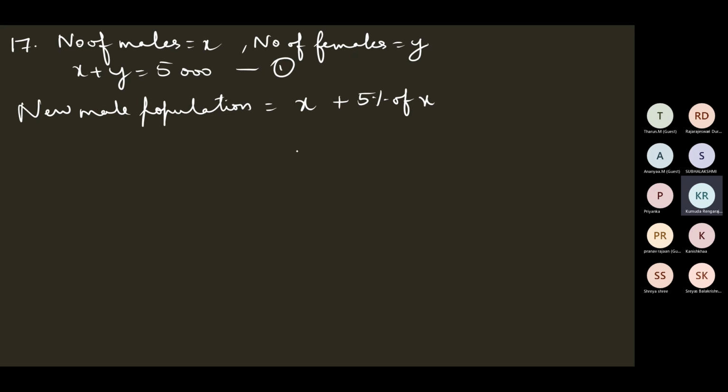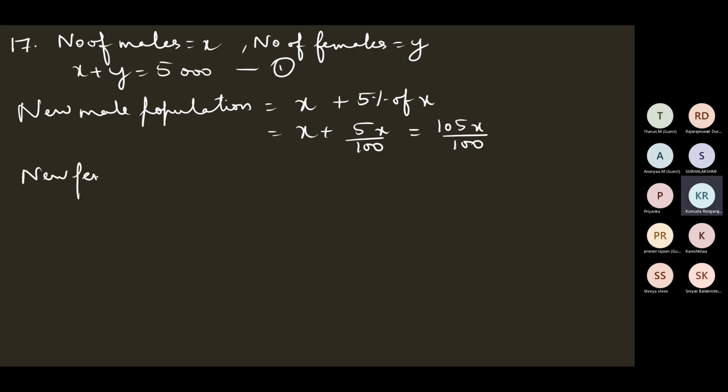So that will be X plus 5 by 100 of X. When you take the LCM, you will get 100X plus 5X, which is 105X by 100. This is the new male population.